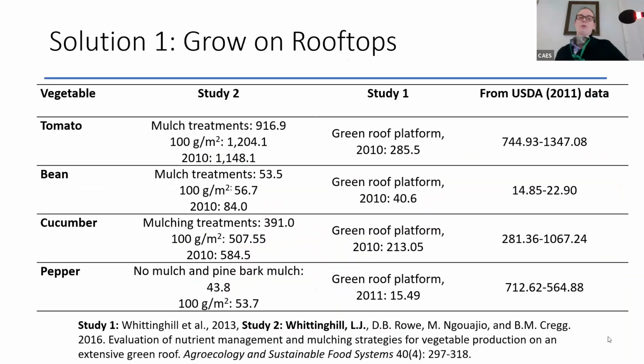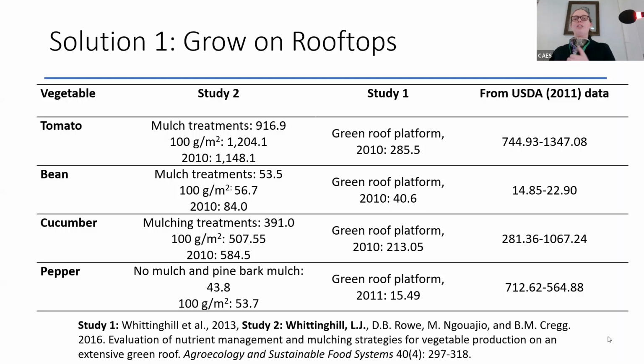We did some additional experimentation looking at mulching treatments using pine bark mulch and a living sedum mulch. Sedums are species that are commonly used on green roofs. They do well with little nutrient additions and very little water. And they've been shown to help act as nurse plants for smaller herbaceous perennials when in the establishment phase.